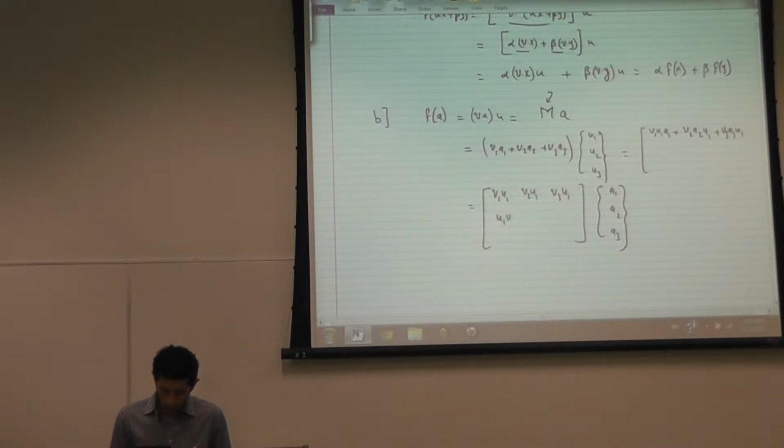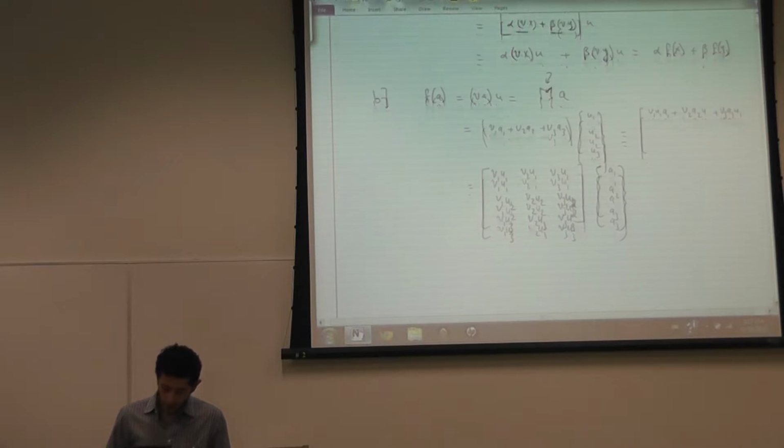So U1, V, U2, V2, sorry, V1, V2, V3, V1, V2, V3, U1, U2, U3, U1, U2, U2, U2, and U3, U3, U3.